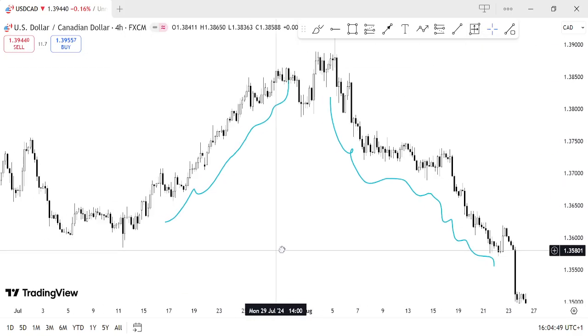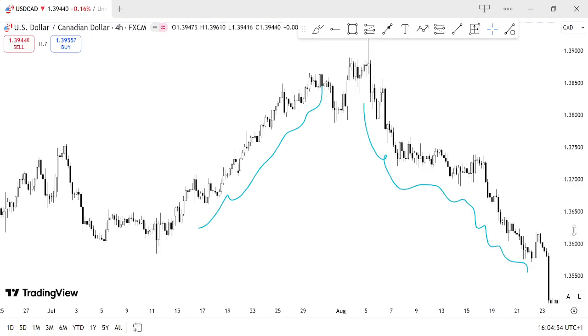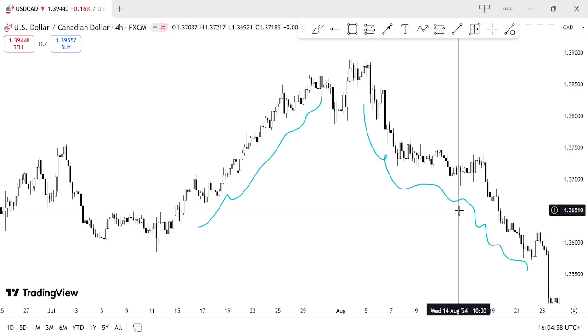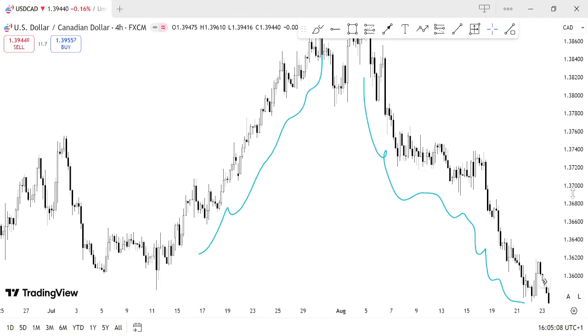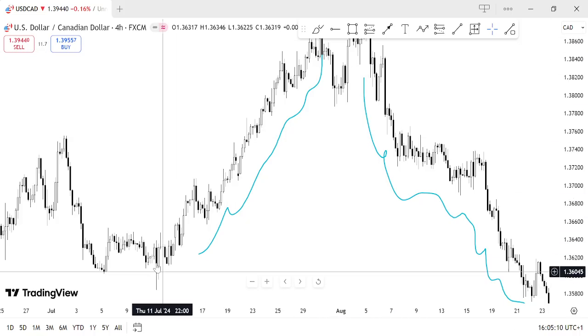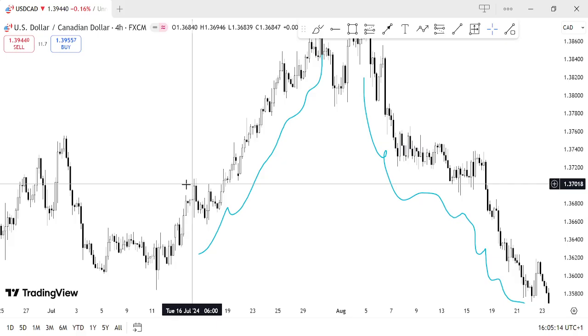Okay, now let's talk about structure. The structure is like what happens within a trend, or let's say the way we understand how the trend moves. So within a trend here, we can see the market forming structures. What I mean by structures is that this is a low right here, and this is a high.